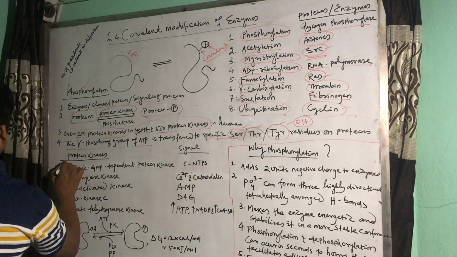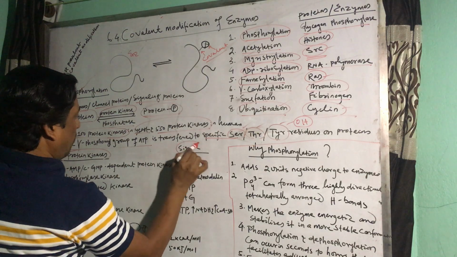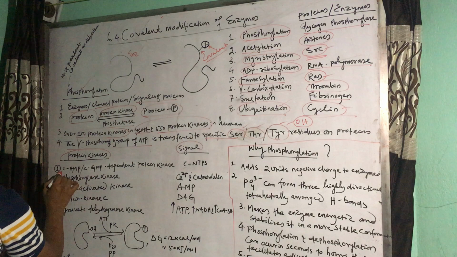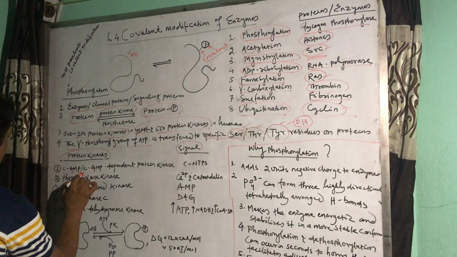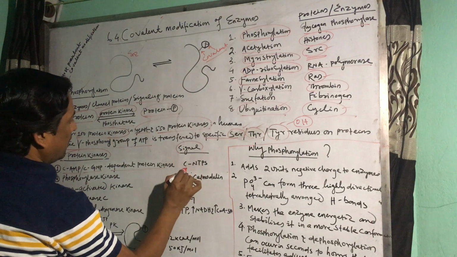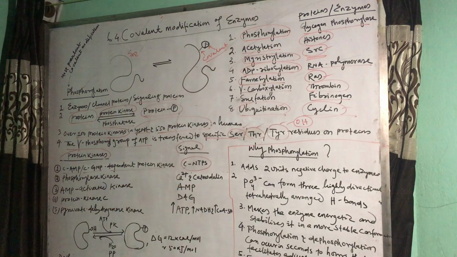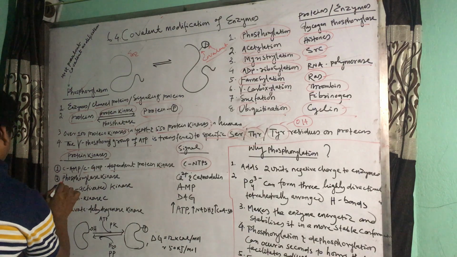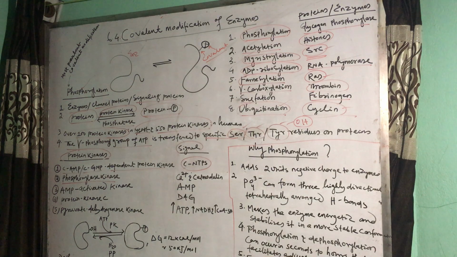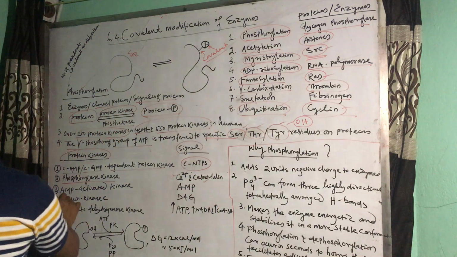There are hundreds of protein kinases as we have mentioned before, and they are activated by cellular signals. For example, cyclic AMP or cyclic GMP dependent protein kinases are activated by cyclic nucleotides. Similarly, phosphorylase kinase is activated by calcium and calmodulin.